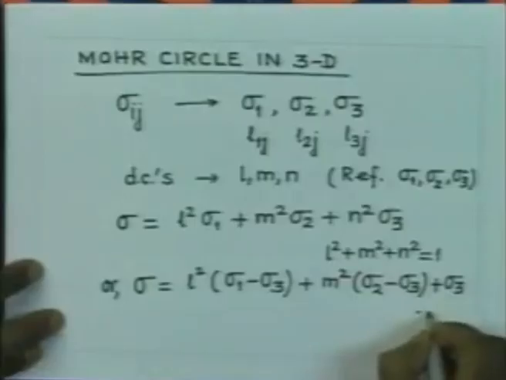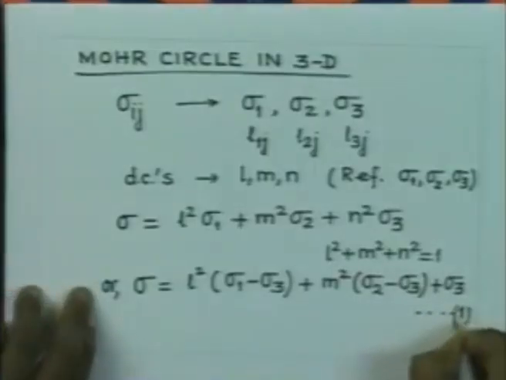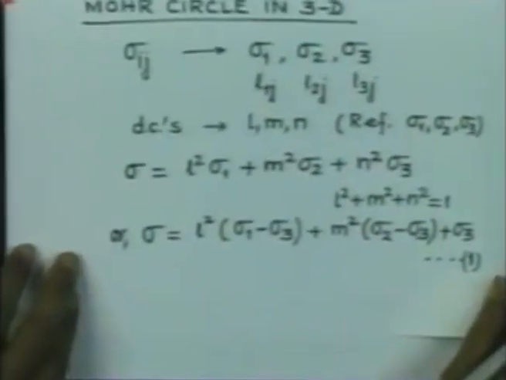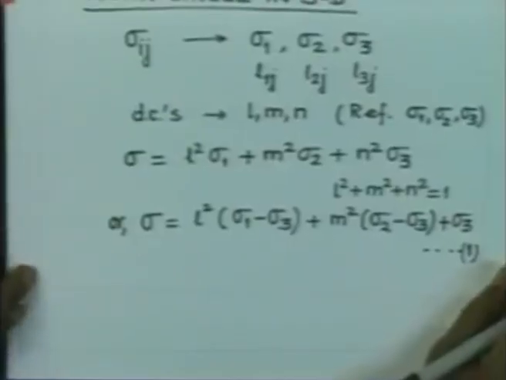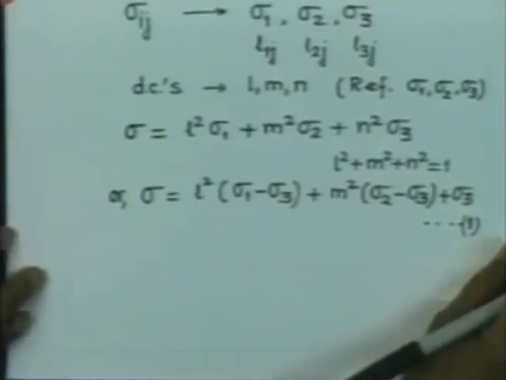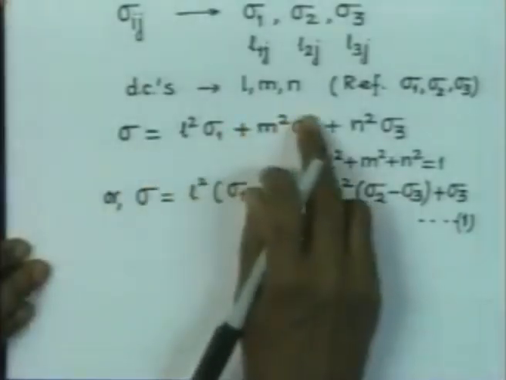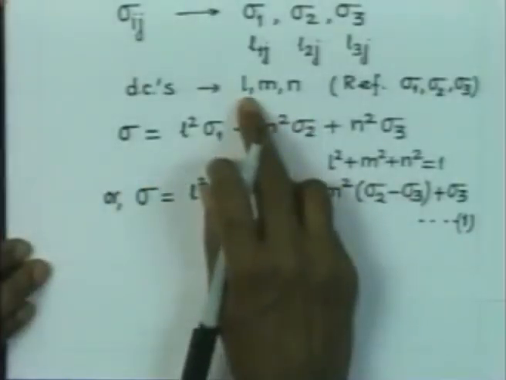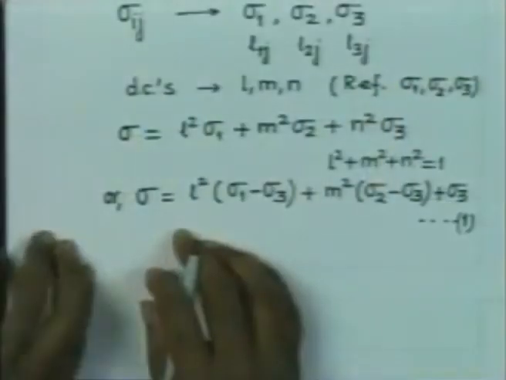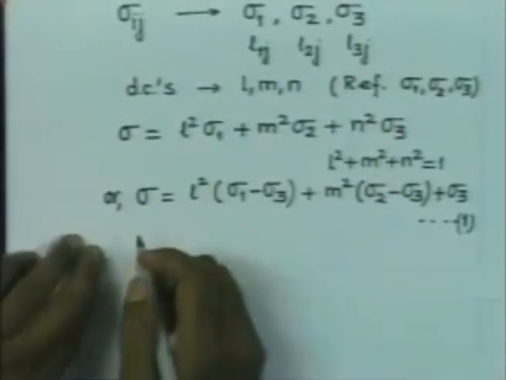So, let us consider this relation to be 1. Now, the tractions on the plane L M N are going to be given by L sigma 1, M sigma 2 and N sigma 3.